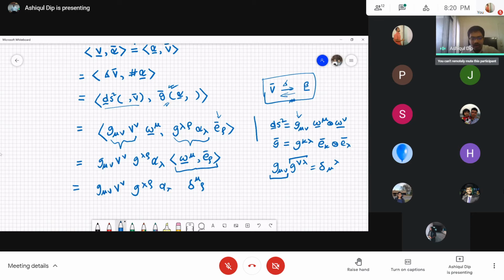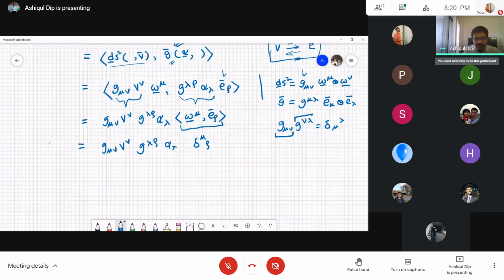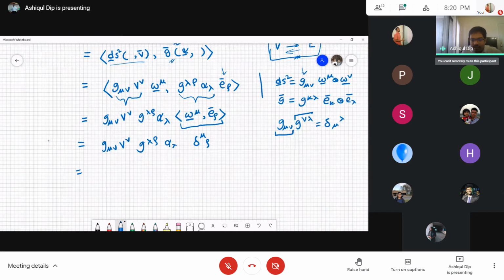So now, if we proceed, we can sum over this mu index. If you sum over that, it will give you G rho nu V nu, then G lambda rho alpha lambda, right?